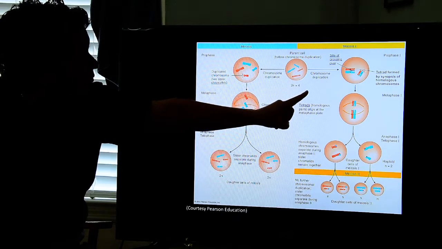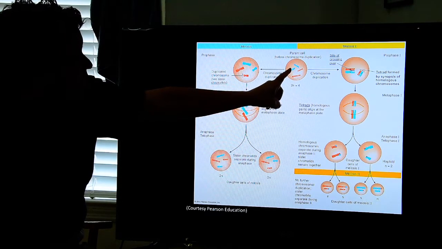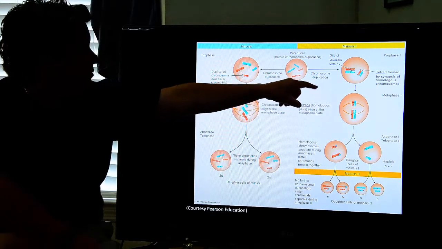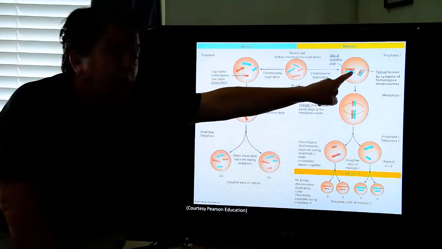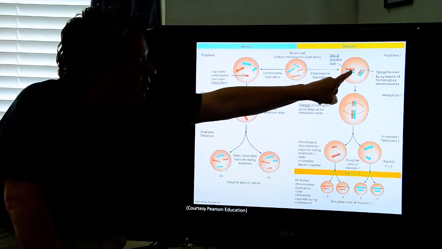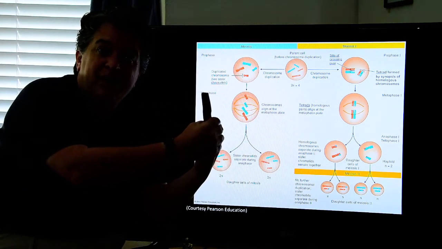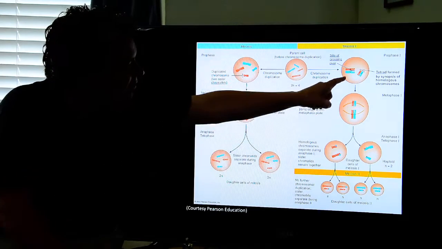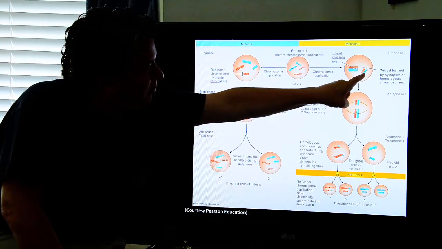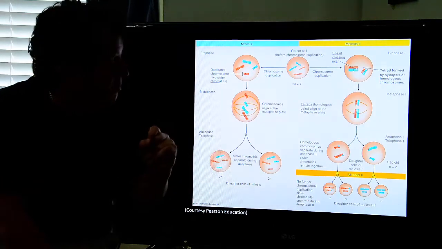Now in meiosis, what happens is you have your parent cell and you're going to get this chromosome duplication, but what sometimes happens is this crossover where some of the chromosomes actually swap. They swap some data with each other, right? And that's why we're showing now that this little blue chromosome has a snippet of the red one, and the red chromosome has a snippet of the blue one, right?